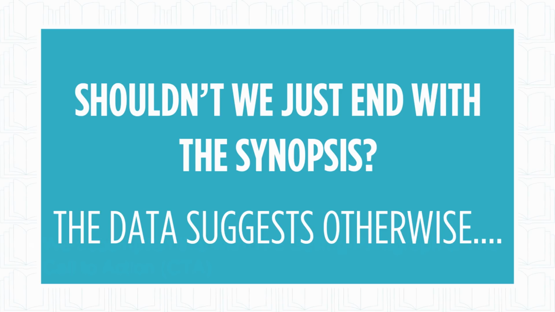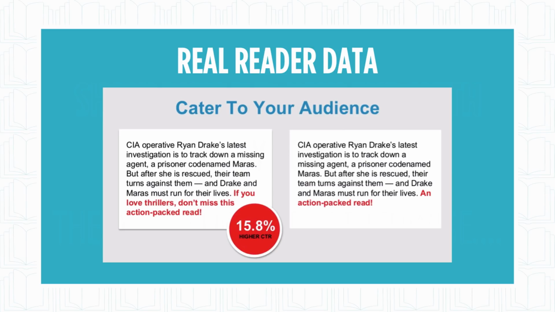So you just ended with this big cliffhanger. Shouldn't you just end with the synopsis? One might say. Well, in the data compiled by BookBub, who has a heck of a lot of data about readers clicking and buying, instead of just having something like, oh, it's an action-packed read, or just petering off at the end of the synopsis, they have something like, if you love thrillers, don't miss this action-packed read.